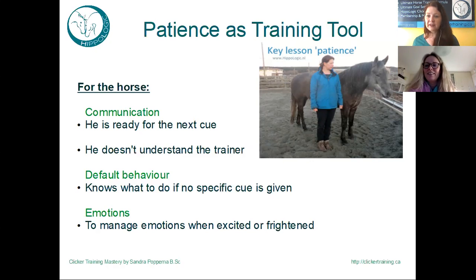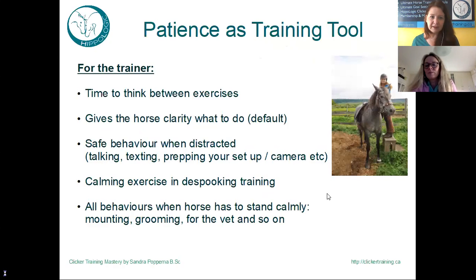And I taught her, "Okay, when this happens, I want you to offer patience." And later on, if she got a little bit nervous, she's trying to calm herself down with patience, because the relaxation is trained in that behavior.